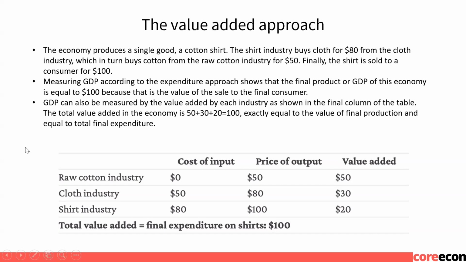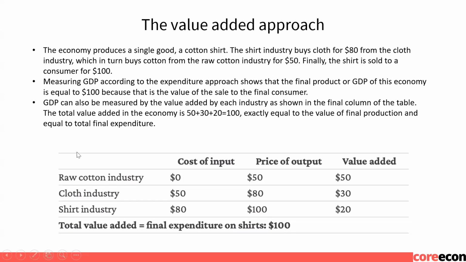So measuring the GDP according to expenditure approach shows that the final product or GDP of this economy should be equal to $100. So what we bought at the end was the single good, the cotton shirt, and if the price of that is $100, the gross domestic product also needs to be $100. And GDP can be measured by the value added by each industry.